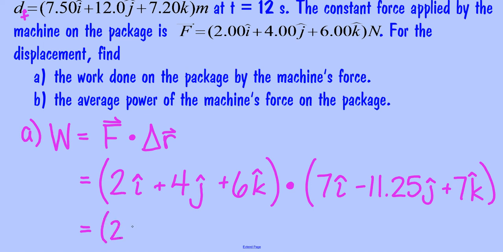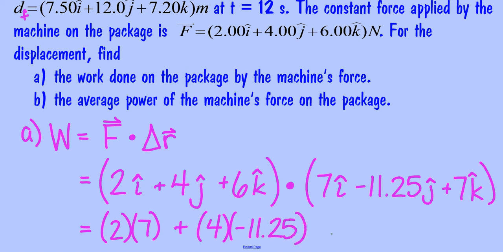In other words, I'm going to multiply 2 times 7 plus 4 times negative 11.25 plus 6 times 7. When I do all that math, I find that my number is approximately 100 joules. So this does 100 joules of work on the package, the machine's force does.